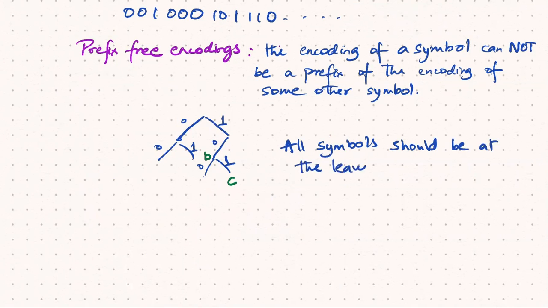When this happens, this corresponds to a prefix-free encoding. Do you see this? That would avoid all such scenarios.